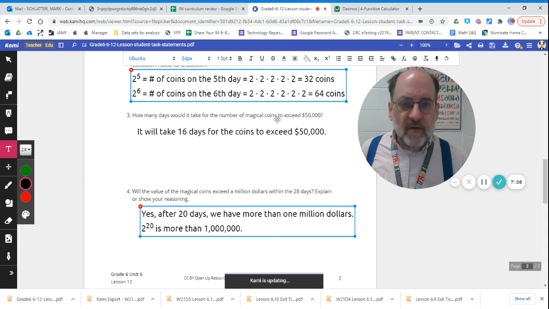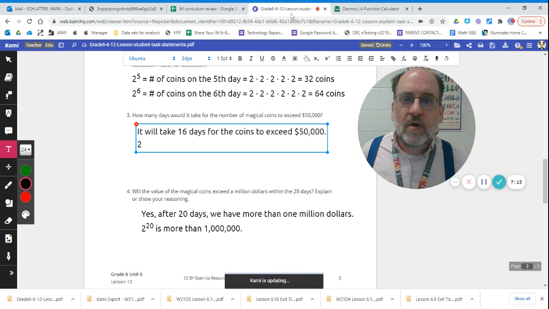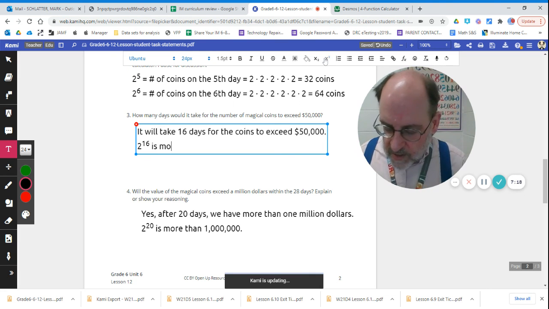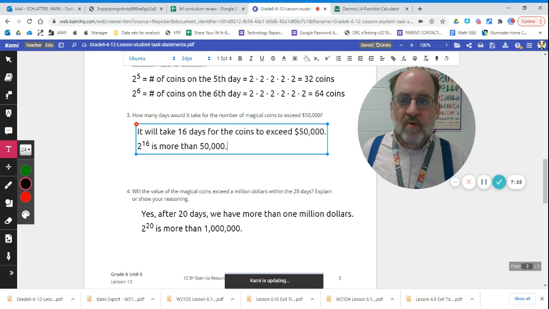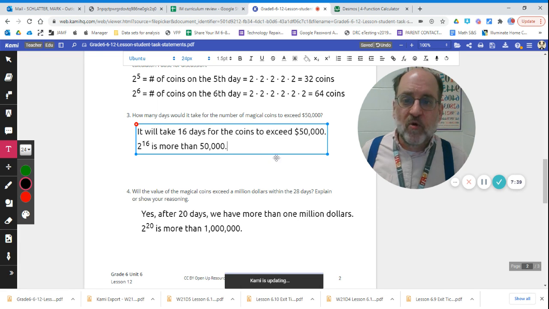So in fact, let me do that up here as well. 2 to the 16th power is more than $50,000. So you can see that when we're using this pattern of exponents, and now we have exponents that aren't just 2 or 3, we get very large numbers very quickly. If I multiply 20 twos together, I get more than 1 million. If I multiply 16 twos together, I get more than 50,000.